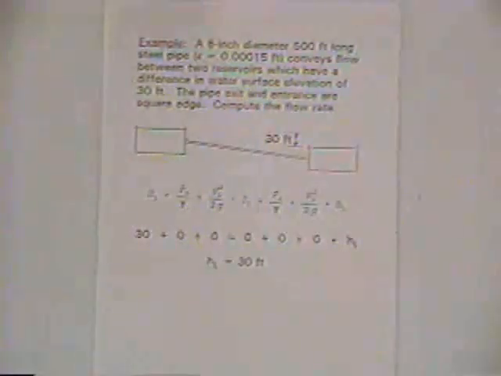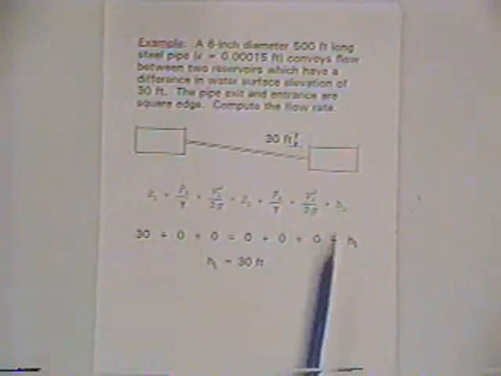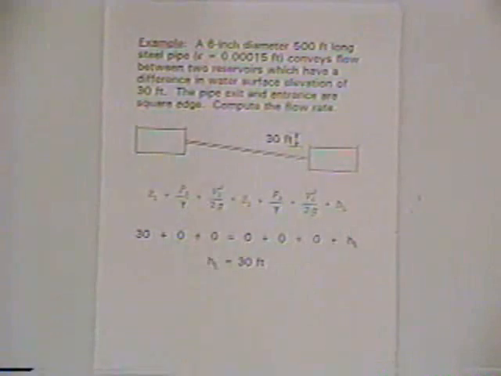And so this example is a classic fluid mechanics problem of connecting 2 storage tanks with a pipe. It'll give us an opportunity to use the energy equation. And as we use the energy equation, we've got a head loss term. And so we can use the Darcy-Weisbach equation to get the frictional head losses.